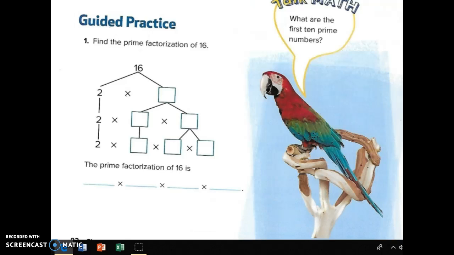Two times what is 16? Use your skip counting chart. Yes, 2 times 8 is 16. Did you write it down? And now, what do you need to do next? Think.